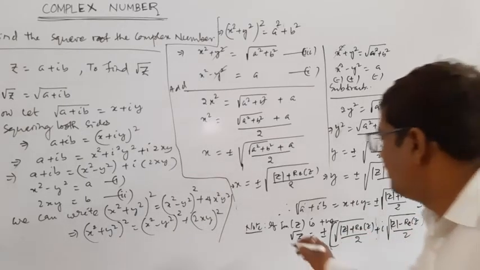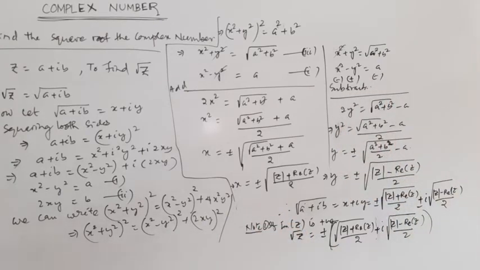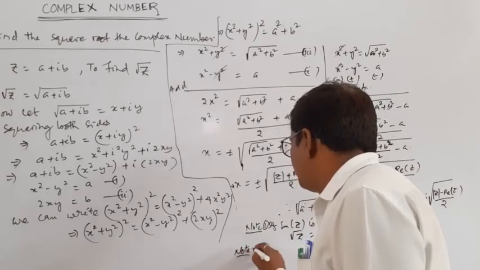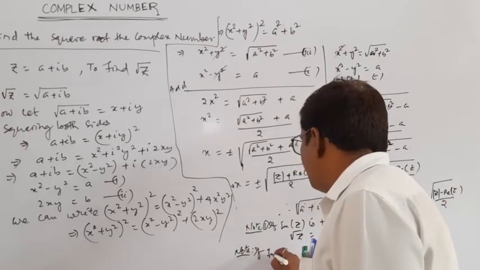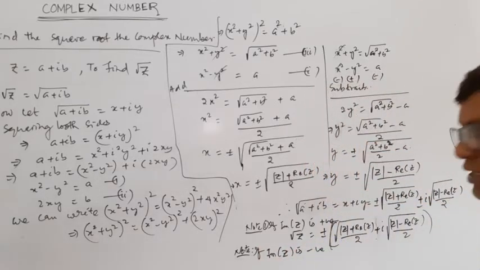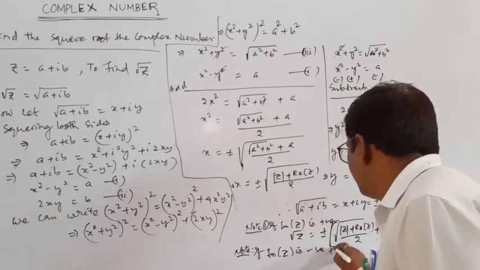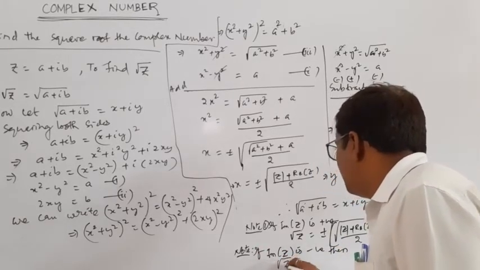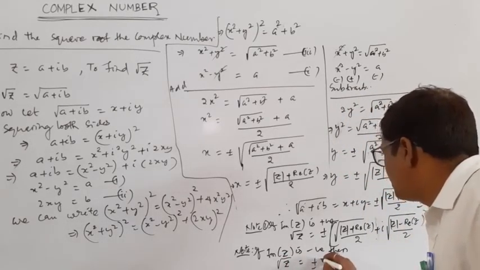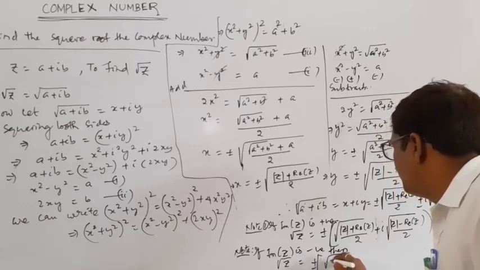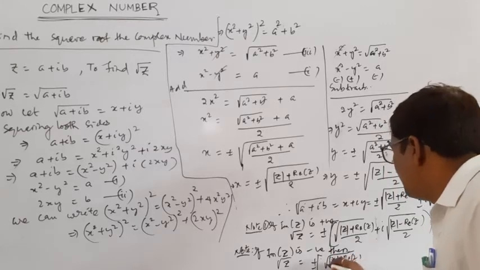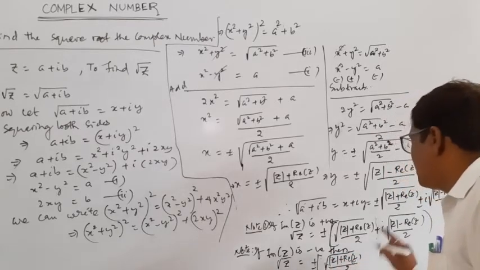Note 1 and note 2. Note 2: if the imaginary part of z is negative, then root z is equal to plus or minus square bracket of mod z plus real part of z whole divided by 2, with a minus sign here.